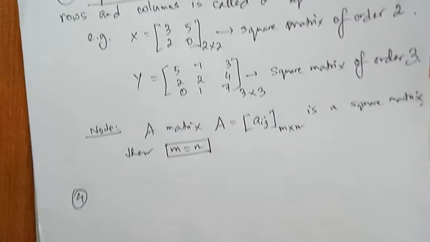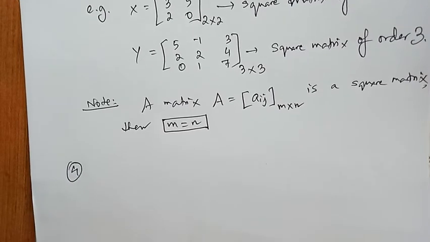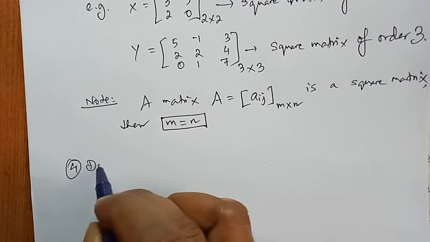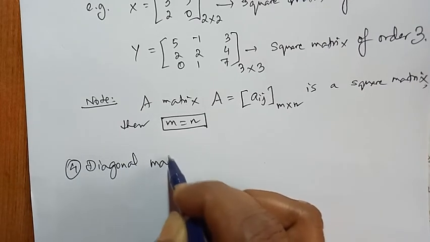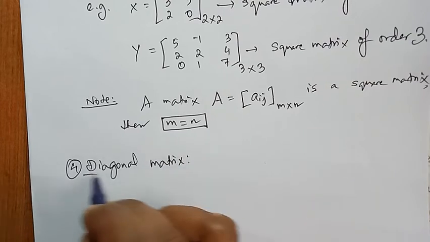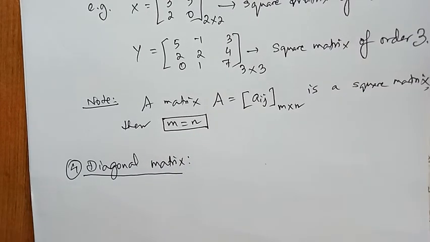Number 4, you write diagonal matrix. Okay, before discussing the diagonal matrix, first you must know the diagonal elements of a matrix.